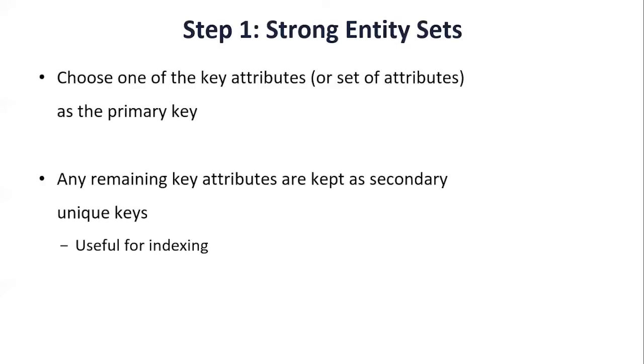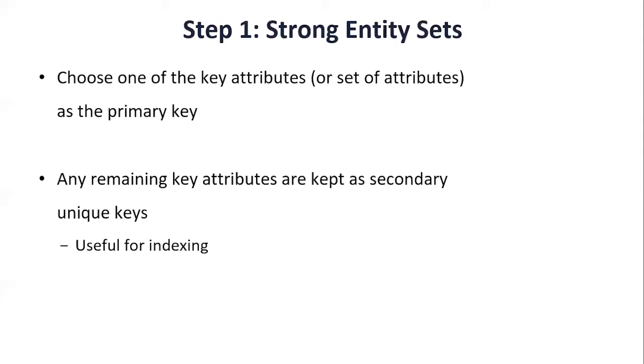And then we have to choose one of the key attributes or set of attributes as the primary key. So from the identified key attributes in the ER model, we can choose one or a set of attributes as the primary key for the relation.